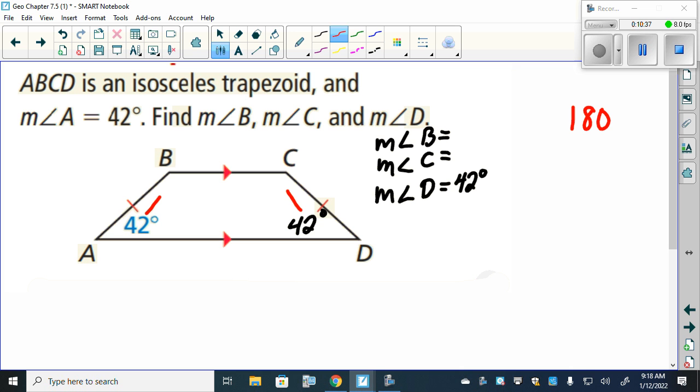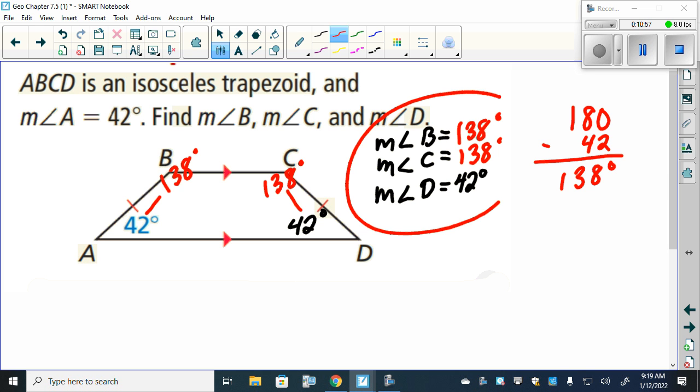So we can take 180 and subtract 42. So both of these here are 138 degrees. And those there would be our answer.